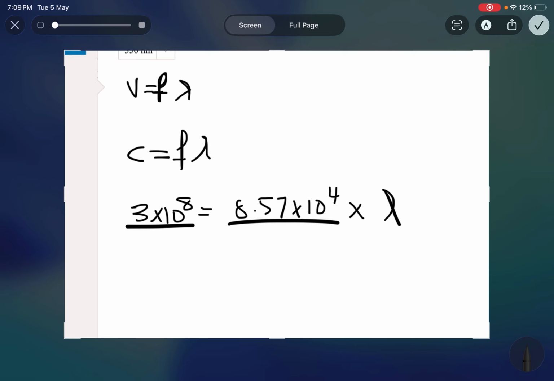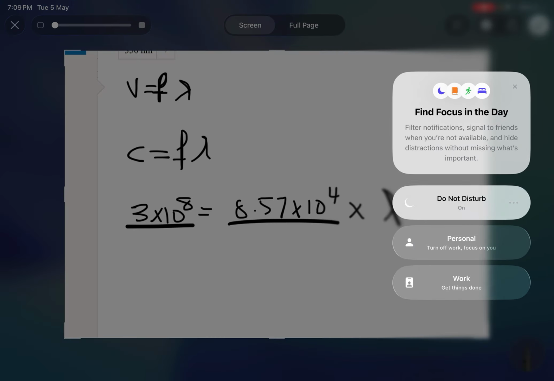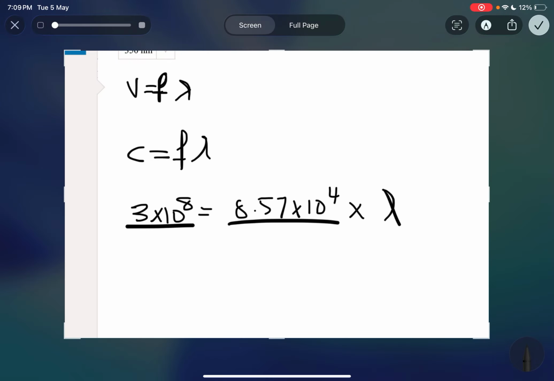So 3 times 10 to the power of 8 divided by 8.57 times 10 to the power of 14.